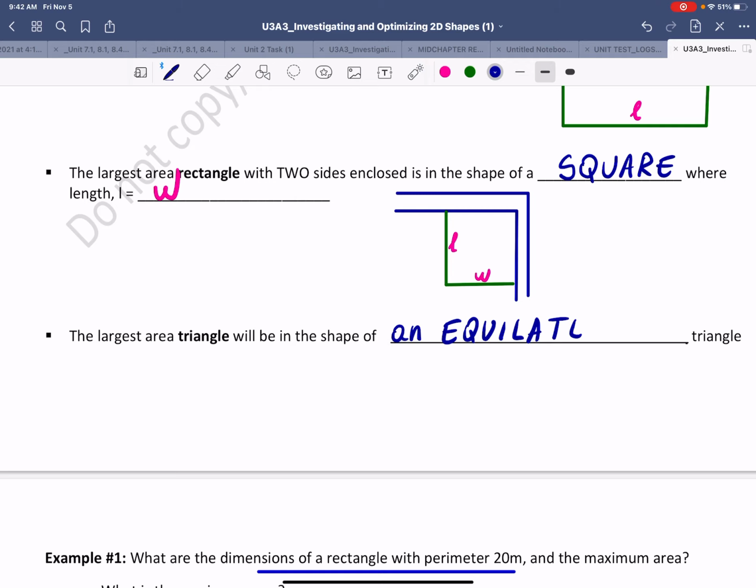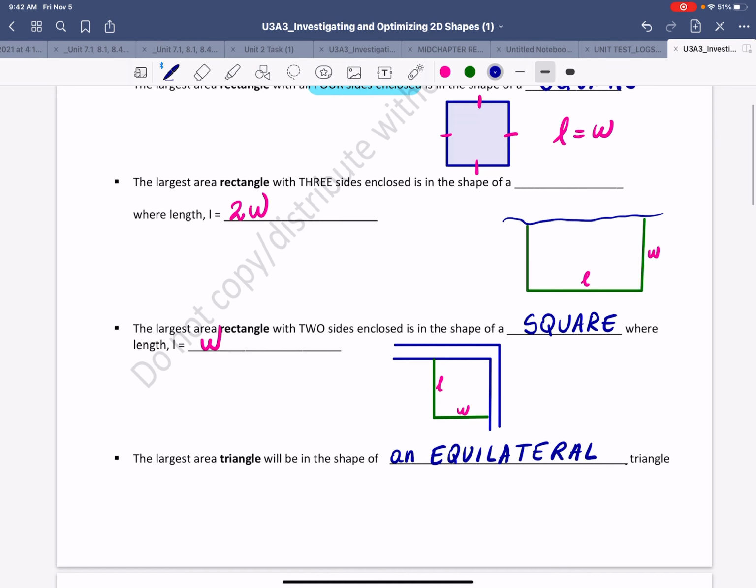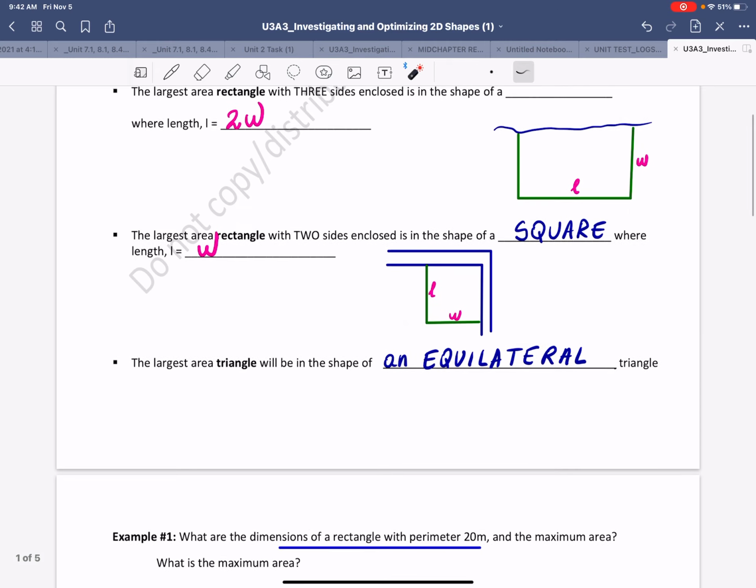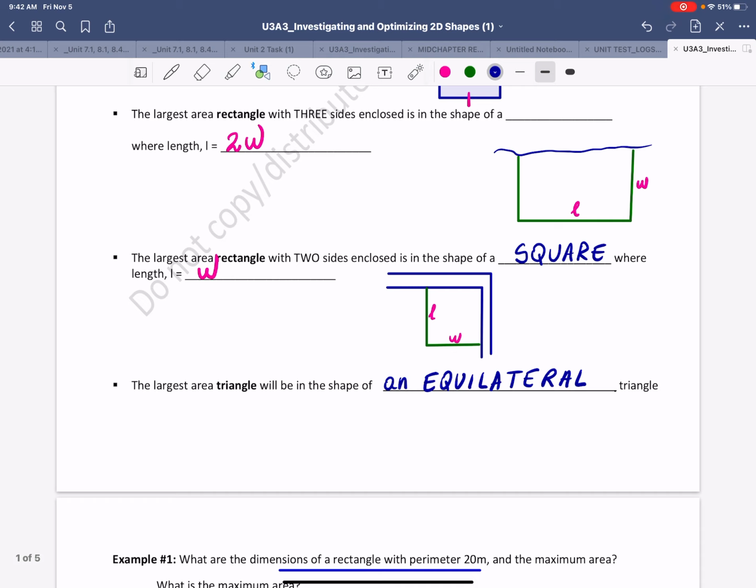So far, and I want to emphasize this, if you look at all these definitions, then we're going to say that the largest area with fixed perimeter will be when there is symmetry in the shape that you are enclosing. So the higher the symmetry of the shape, the greater the area that you can enclose. So in this triangle, we need to have all three sides equal.